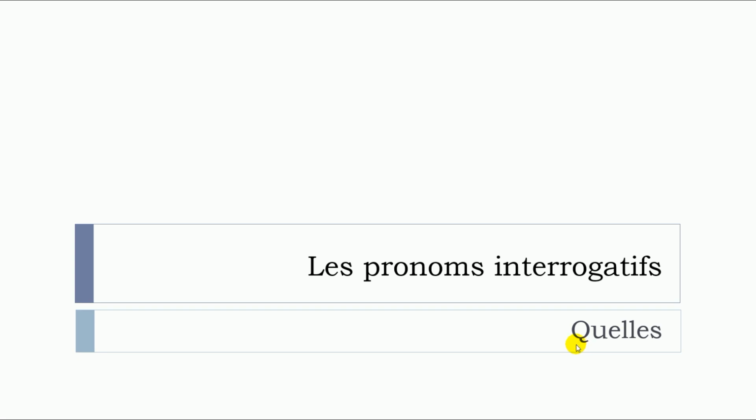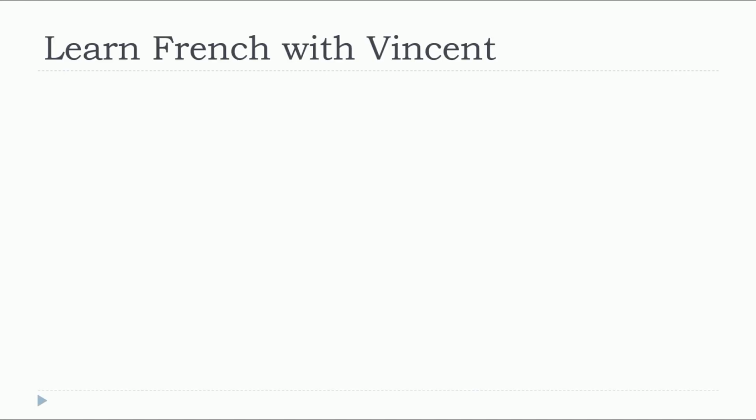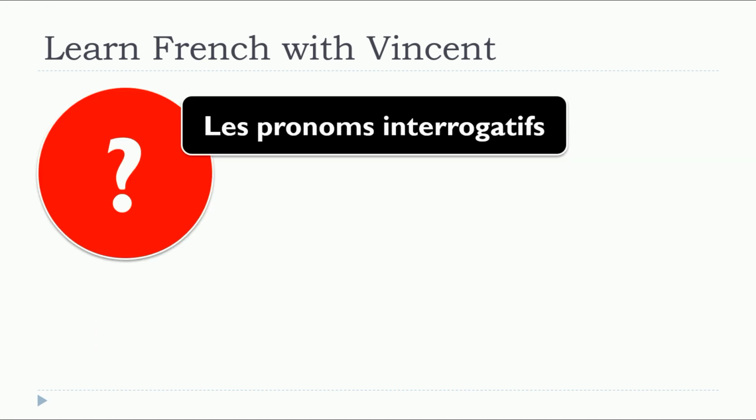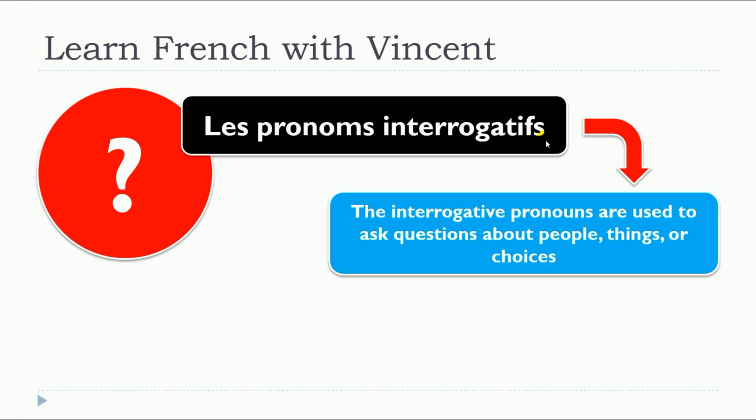In this lesson, we will see together les pronoms interrogatifs, but more precisely, we will see quelles. So, what are les pronoms interrogatifs? Well, we'll have two things to answer.